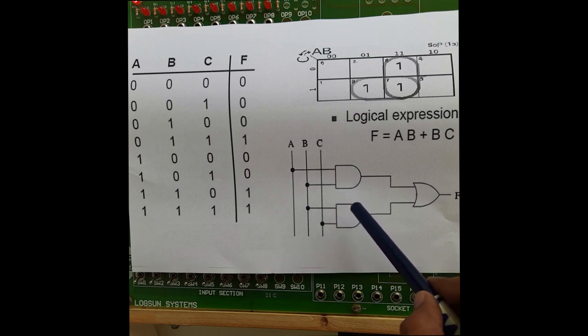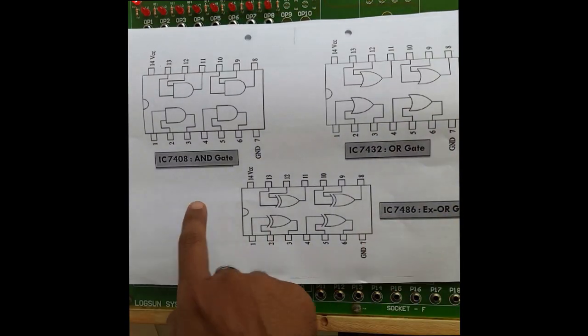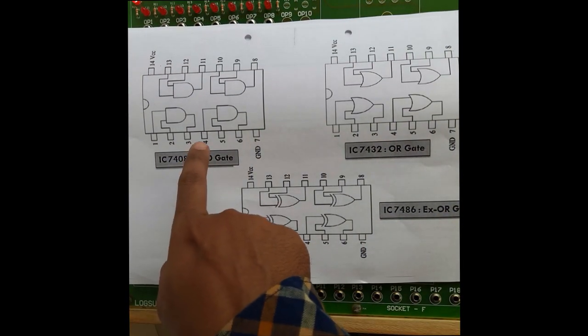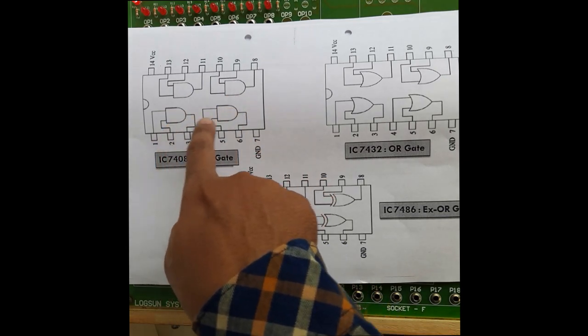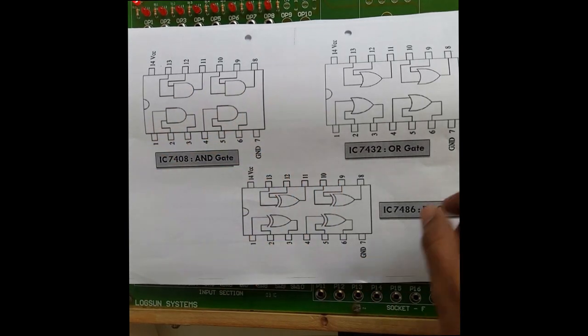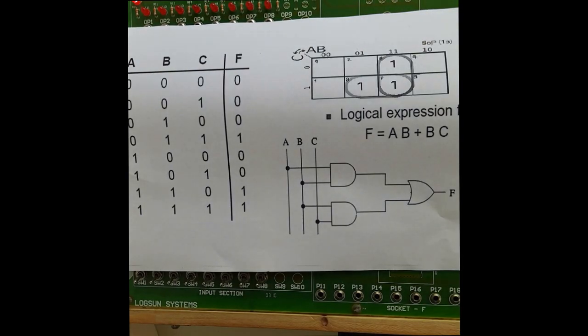Here only 2 AND gates, and we have already seen how many gates are present on a single AND gate IC. If you check the IC pin configuration, the total number of gates is 4, but for this particular example we require only 2 AND gates. So how many ICs do we require here? We require only 1 IC.